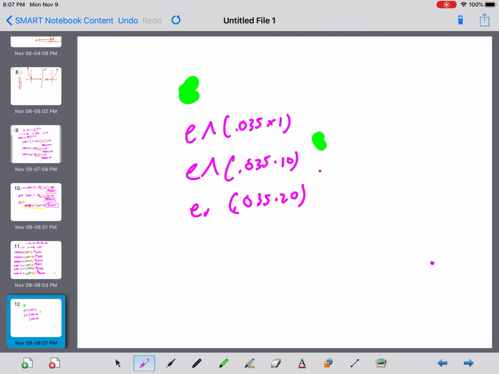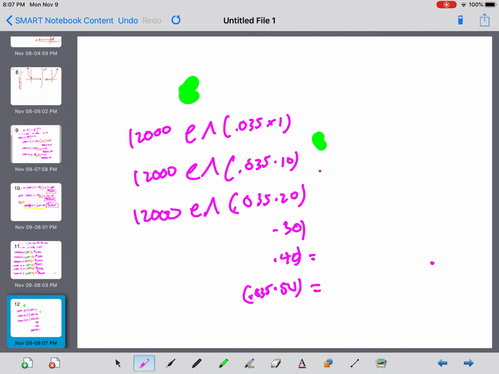So it gets pretty redundant. So you start with $12,000 every time. And then you just keep changing this year times 30, times 40, times 50. But it's always 12,000 and then E, 0.035. All right, so I'm not going to write those all out. I hope you guys are okay with that.